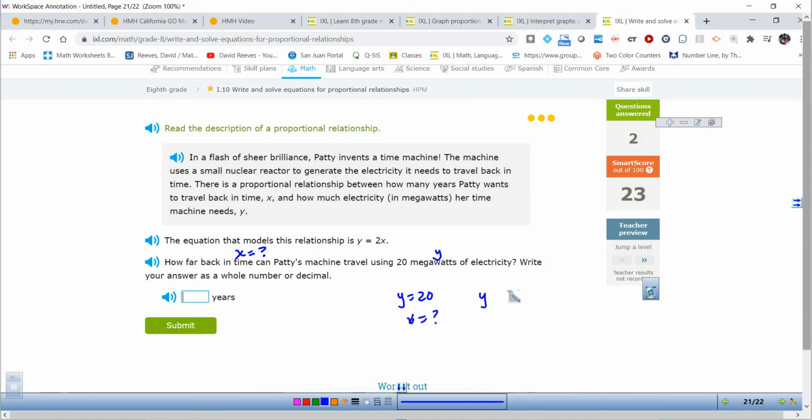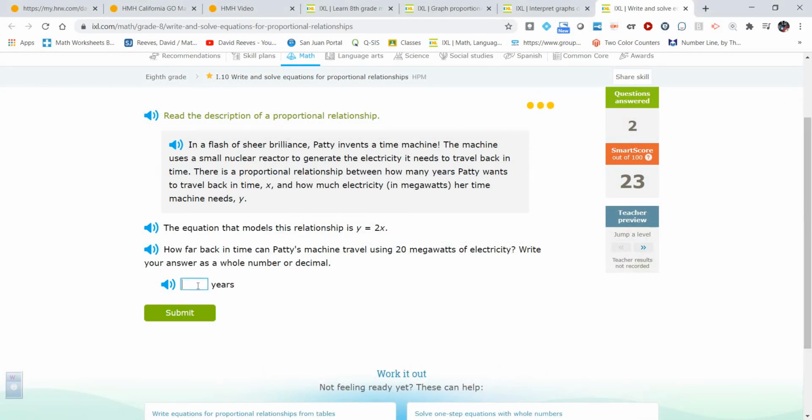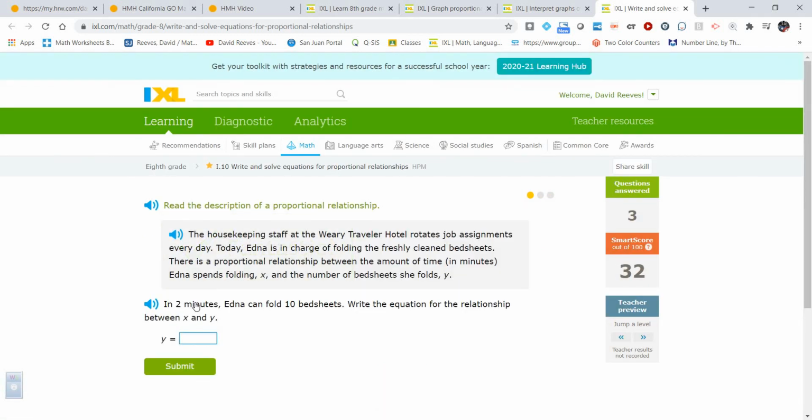Well, remember, y is equal to 2x. What did they give us? They gave us 20 is equal to 2x. If we cut both of those in half, we get x is equal to 10, which, of course, you know that the megawatts is always twice of the time, so we're going to divide to get that answer, and we get 10 years.